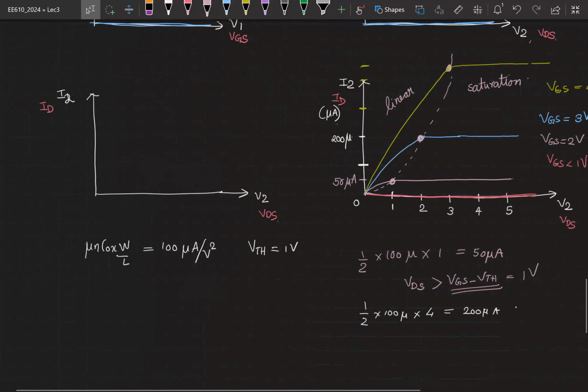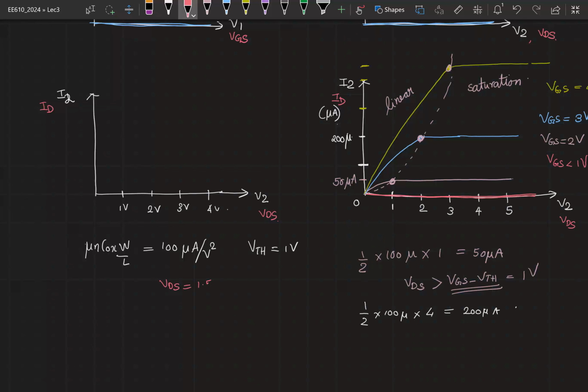Okay. So let's do a similar plot here also. I'll not look at the exact current values, but we'll plot for two values of VDS. Let's say I plot for VDS equal to 1.5 volt and VDS equal to 1 volt.